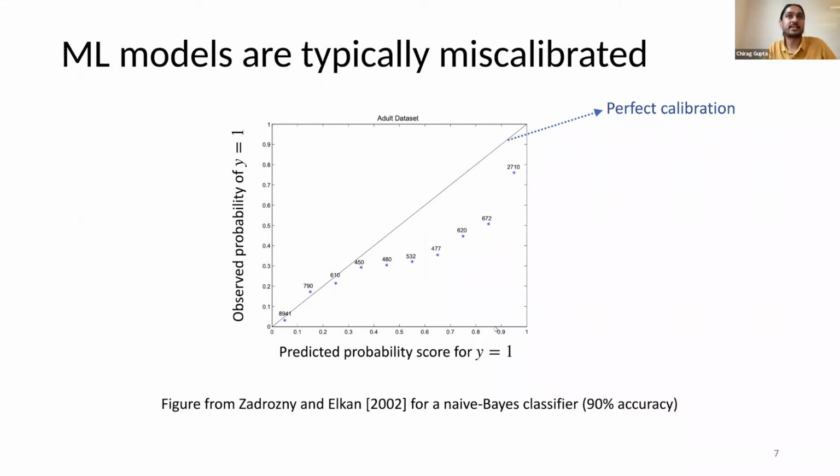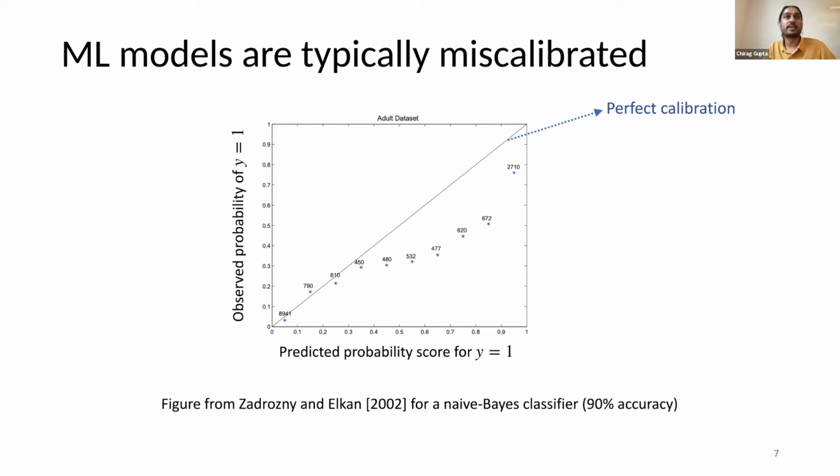Let's say it's roughly between 0.8 and 0.9, which is this point. Then even though this classifier is highly accurate, it turns out that the observed probability of y equals 1 is not that high. It's just about 0.5. So for all of these predictions, the model is highly overconfident.